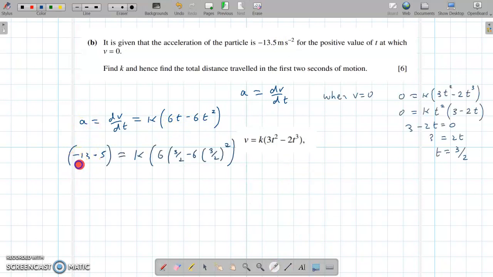I end up with minus 13.5 equals k(9 minus 27 over 2).